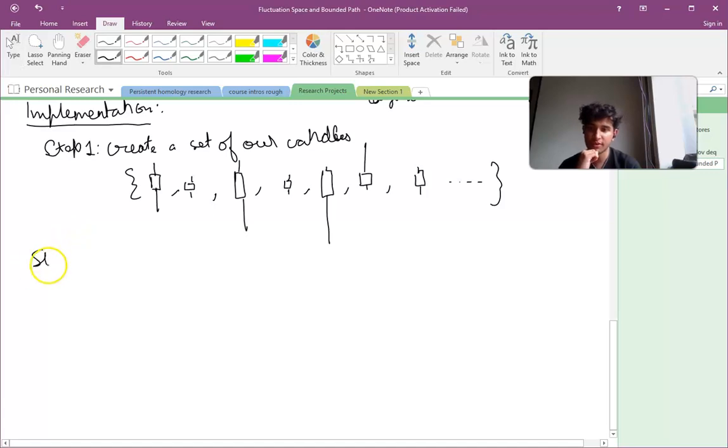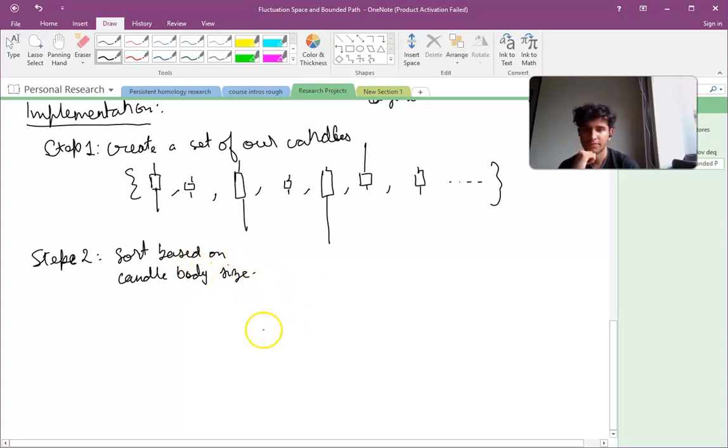So step 2, what are we going to do? Step 2, we are going to sort based on candle body size. Okay.